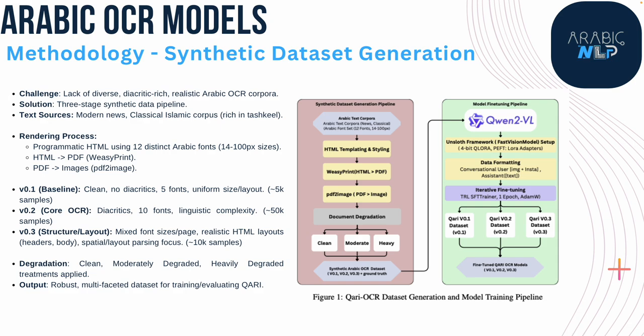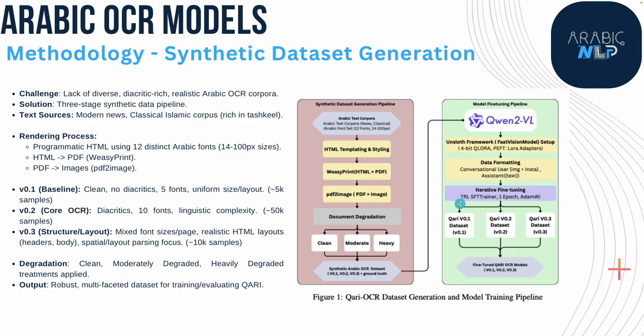To make the training efficient, especially since these models can be large, and given some limitations, we used techniques like 4-bit quantization and LoRA adapters, which allowed us to fine-tune the model without needing a massive amount of computing power.